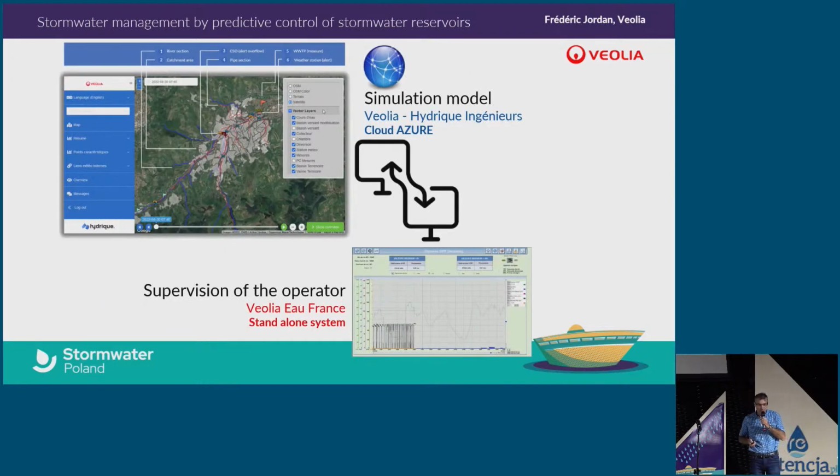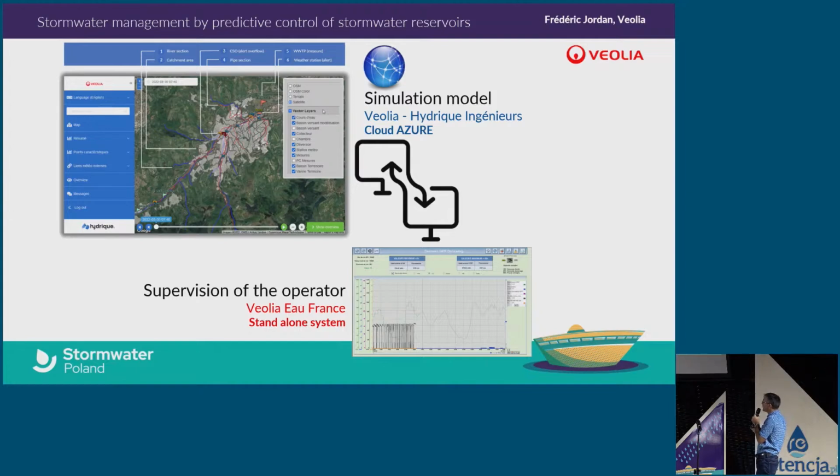Practically, it looks like this. On the upper left, you see the platform of the digital twin. So here you have all the information you need. What you can see here, for example, you see some different colors, meaning that we predict an overtopping of this combined overflow. We predict an overtopping at the treatment plant.